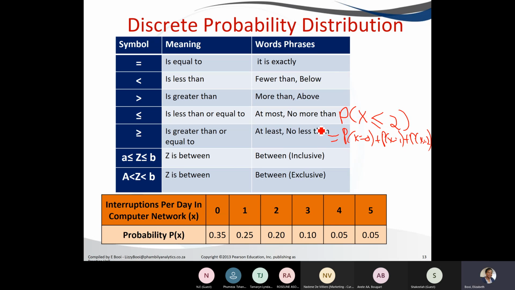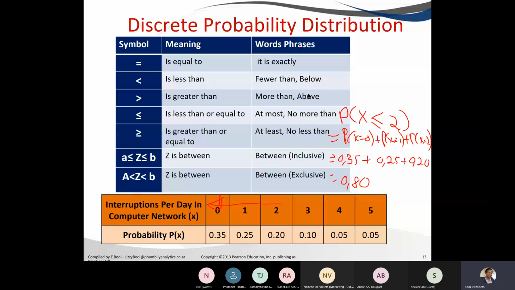Because that is the probability of less than or equal, which means it will be 0.35 plus 0.25 plus 0.20, which will be equal to 0.80. And that is the probability of at most, or no more than, or less than or equal.